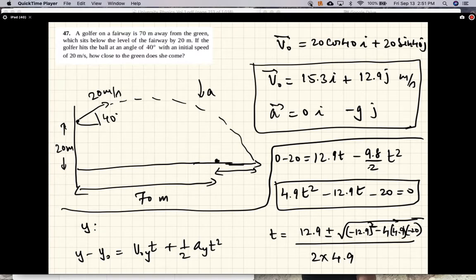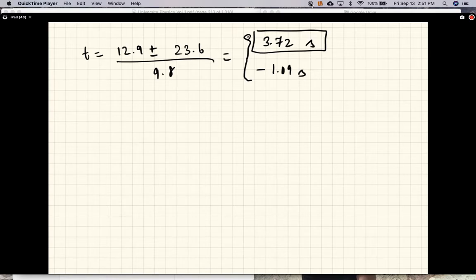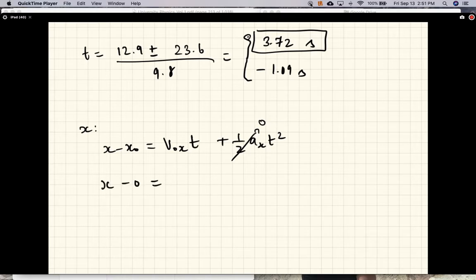So now let's calculate the horizontal distance traveled. x minus x naught equals v naught x t plus 1/2 a x t squared. The x component of the acceleration is 0. So x minus 0 is v naught x, 15.3 meters per second, times 3.72 seconds, the time the ball was in the air.